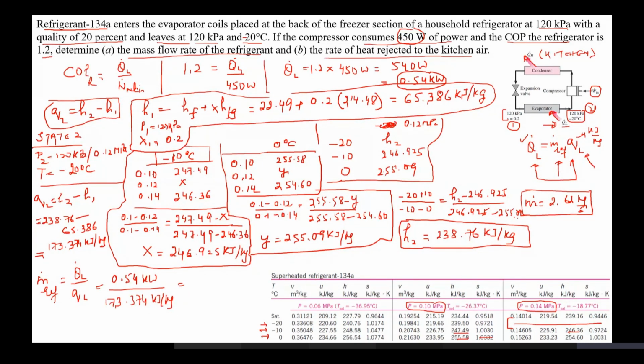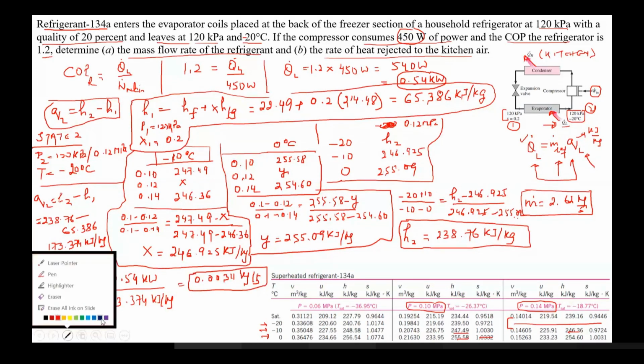This would give you the mass flow rate. That's 3.1 into 10 power minus 3. Yes, 0.00311 kg per second. So this is your mass flow rate. Is this clear to you?